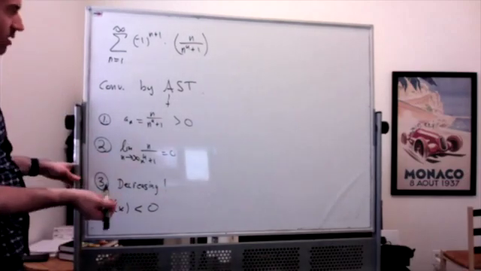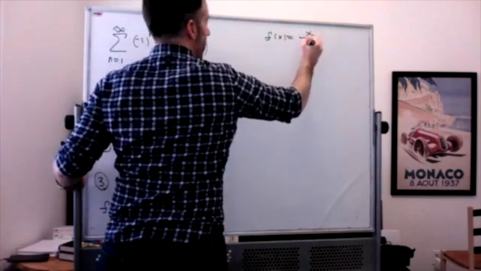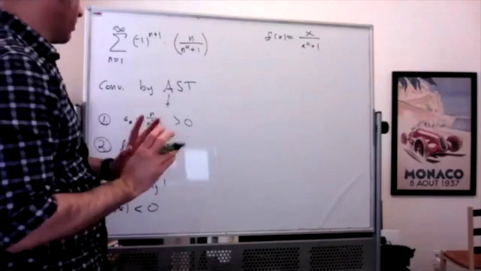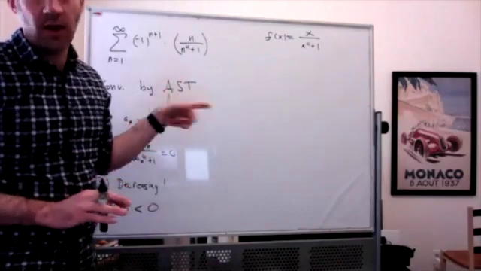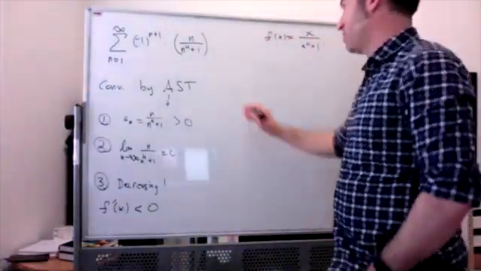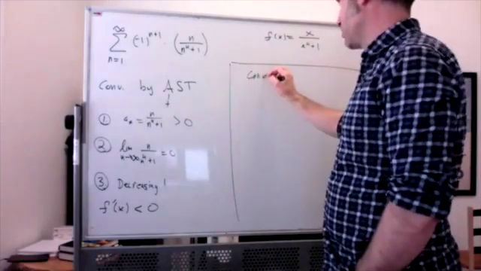You could totally do that here. You can show that f of x equal to x over x to the 4th plus 1, if you check the derivative, is negative. However, that's way too much work for this one. And the reason it's way too much work is, although you could show it converges this way, you could also just show that it converges absolutely.